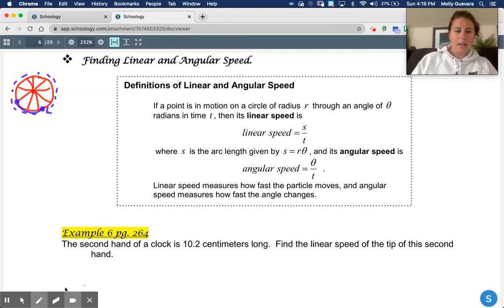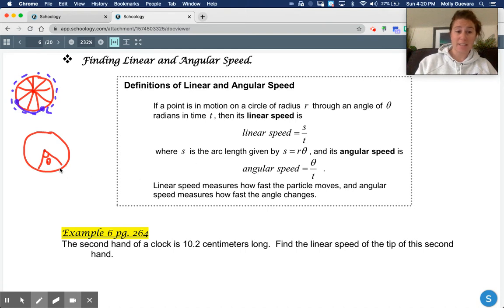Okay. The other type of speed that we're going to look at is angular speed. And this is if I have an angle, how fast is that angle moving as the tire moves or as the wheel moves, okay?